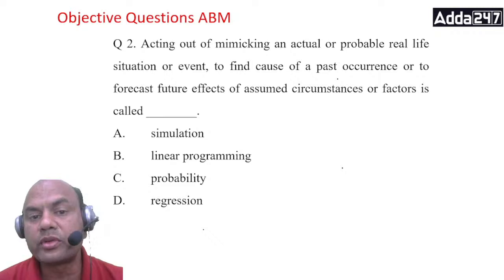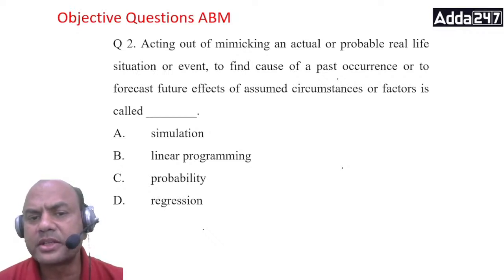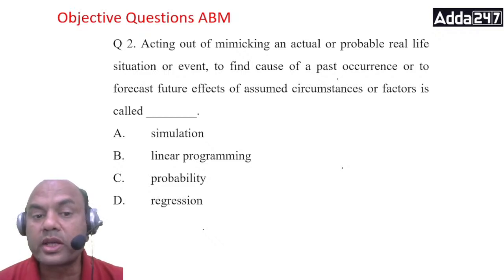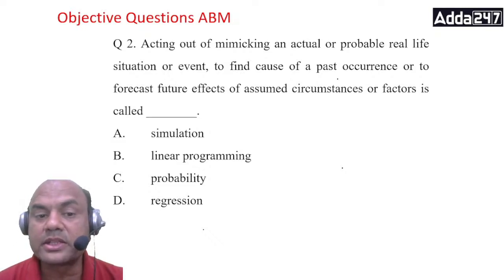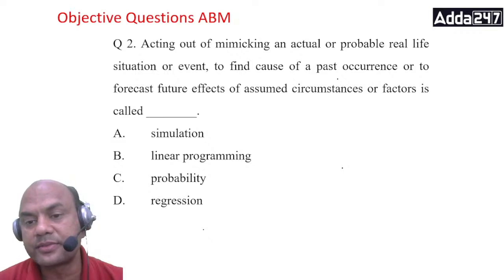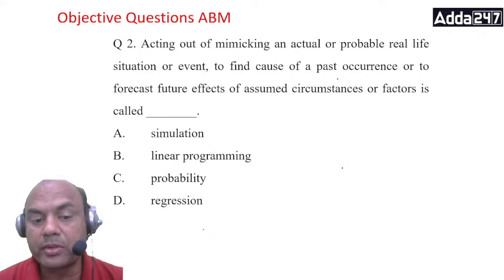What did we say about simulation? Same thing. To find out the past occurrence means what had happened in the past, or to forecast the future effects, considering the various scenario analysis or factors. The options are simulation, linear programming, probability, regression.